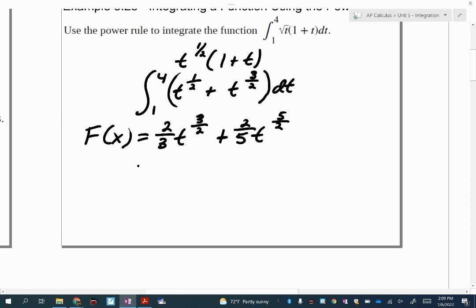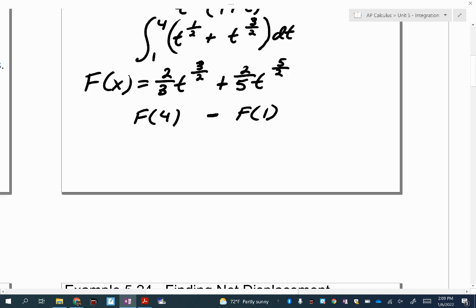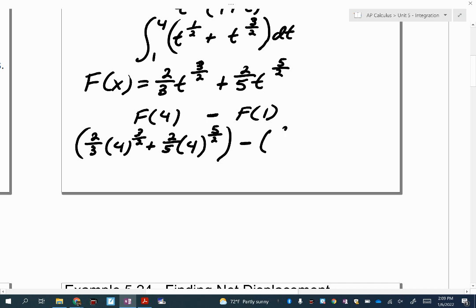If I evaluate this at 4 and then evaluate it at 1 and subtract, I will find the value for this integral. So I'm going to do my math here: 2/3 times 4 to the 3/2 power plus 2/5 times 4 to the 5/2 power, all of that subtracted by the same thing for my 1: 2/3 times 1 to the 3/2 power plus 2/5 times 1 to the 5/2 power.